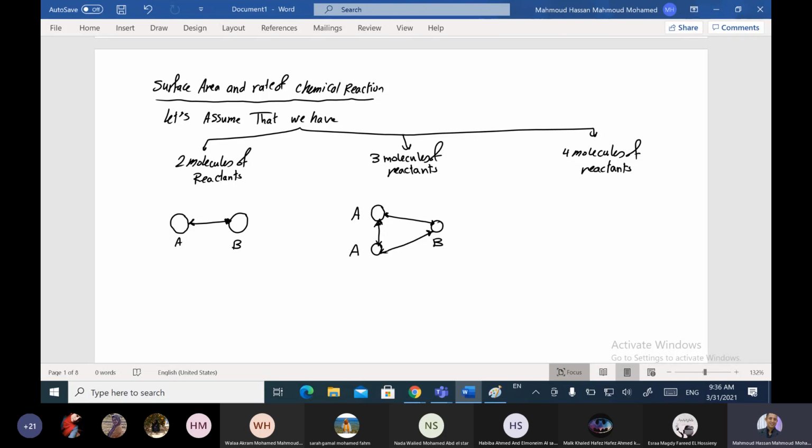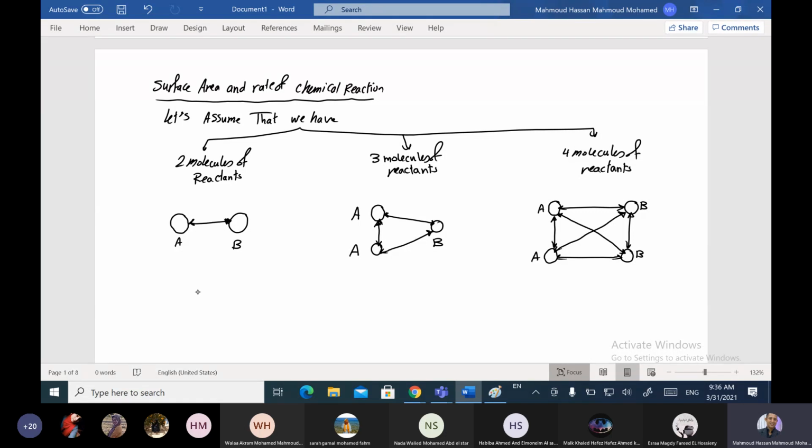But in the case of four molecules, like two molecules of A and two molecules of B, you will find the rate of collisions increases also between A and A, B and B, A and B. This molecule may collide with this molecule, and this molecule will collide with these molecules.